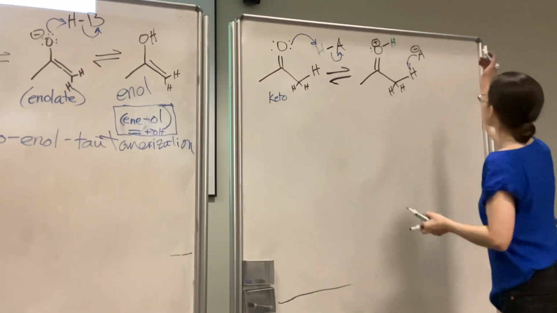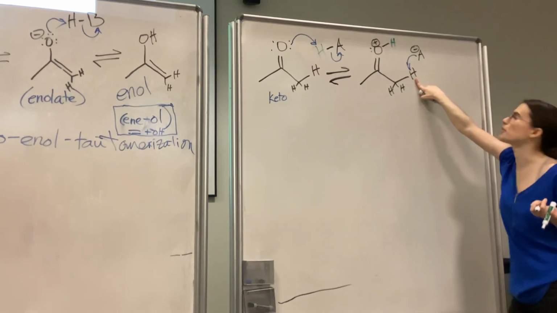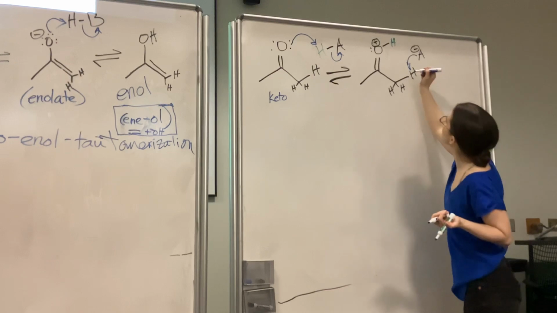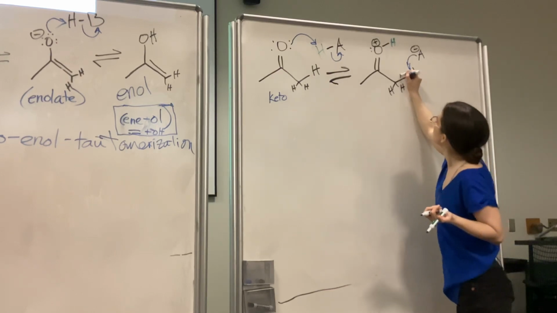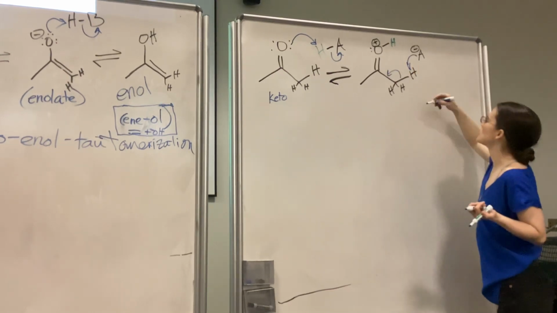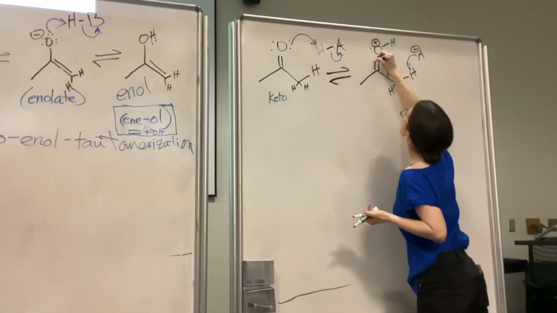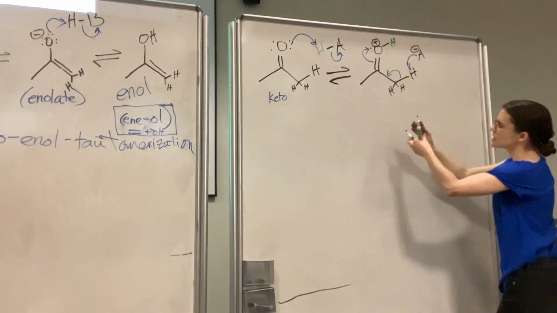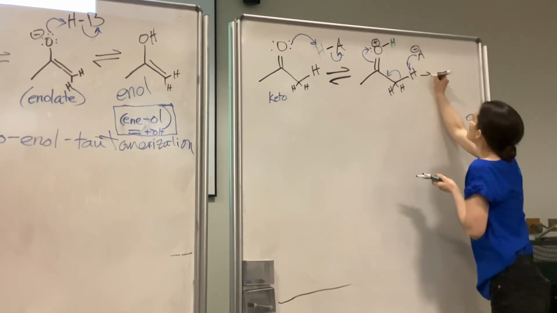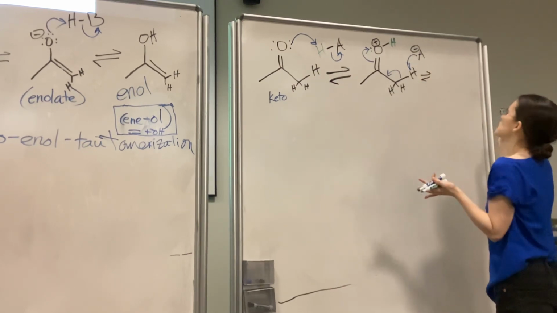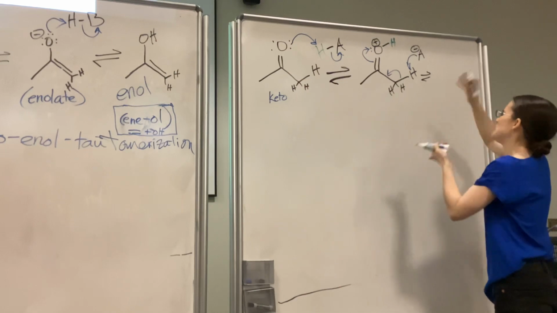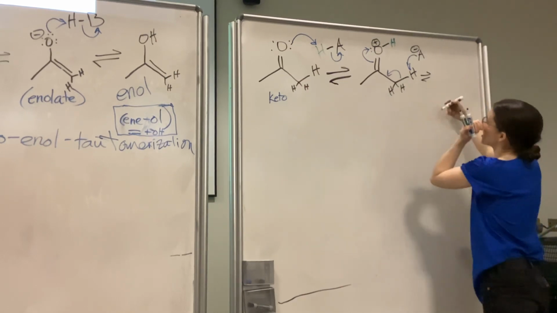So this guy can now deprotonate that, which is a pretty acidic hydrogen. And instead of drawing our arrows one way and then doing resonance, I'm just going to draw them this way, and we will know that, yes, it resonates, and that's why it's more stable.